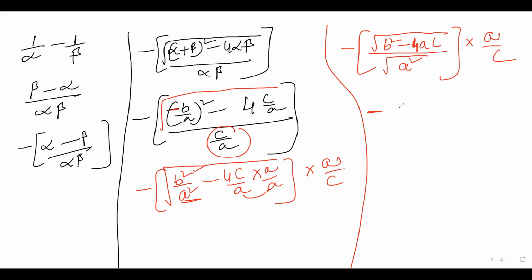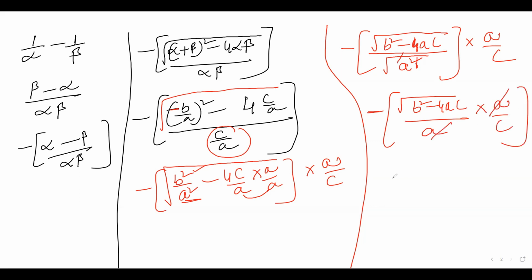So minus is kept outside. Root of b square minus 4ac by a, square and root will get cancelled. A's will get cancelled. This is your final answer. Please write down.